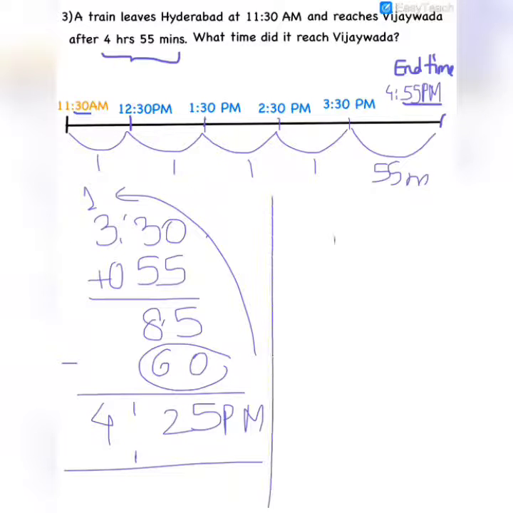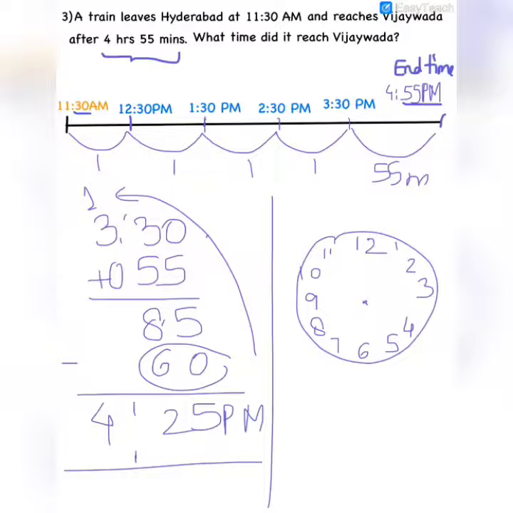Another method is by looking at the clock. 12, 6, 3, 9. At 3:30 the minute hand points at 6.